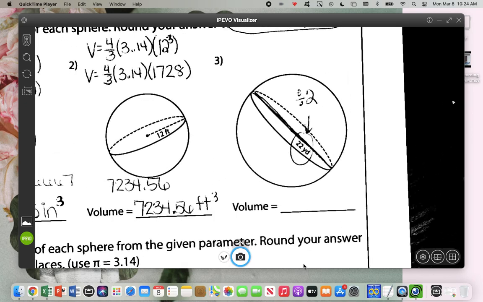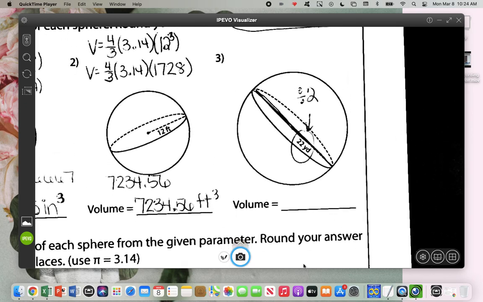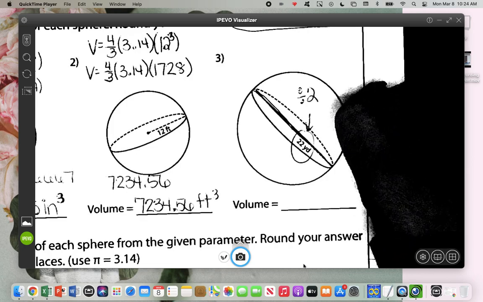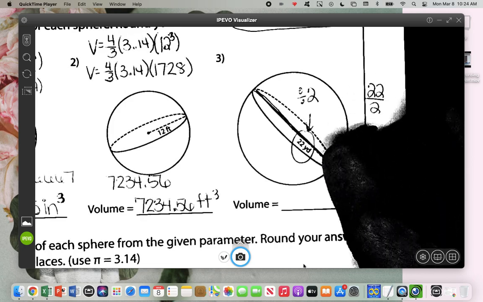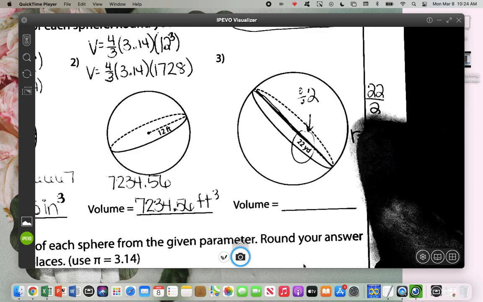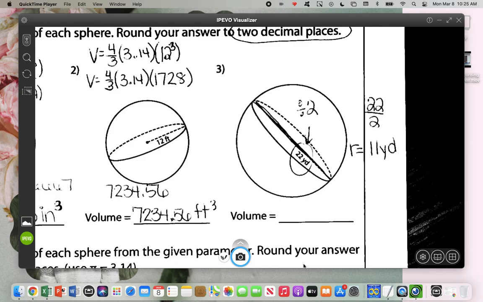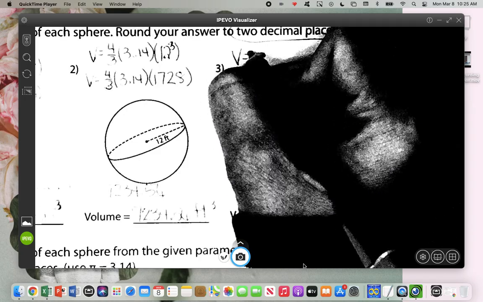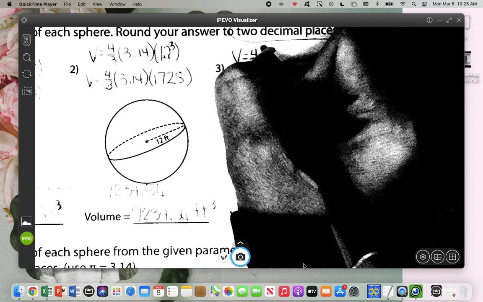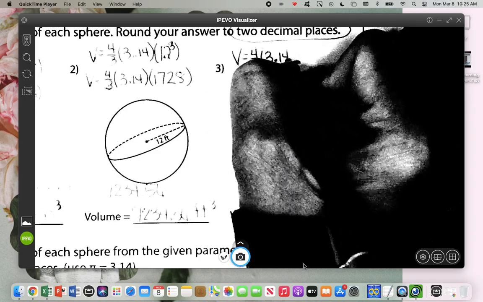All right, so in this case, what is 22 divided by 2? 11. So 22 divided by 2 tells me that my radius is 11 yards and not 22 yards. So the whole entire length is 22. Cut it in half, divide it by 2. So this time when we plug into our formula, our 4 divided by 3 and our 3.14 still doesn't change.